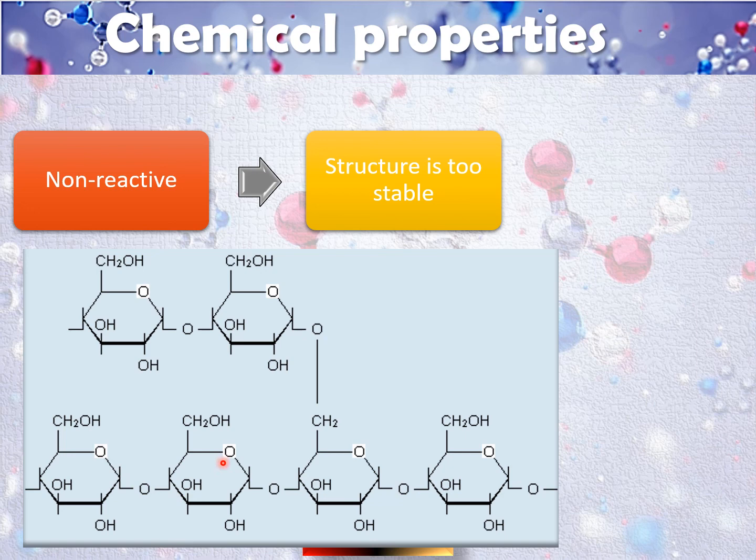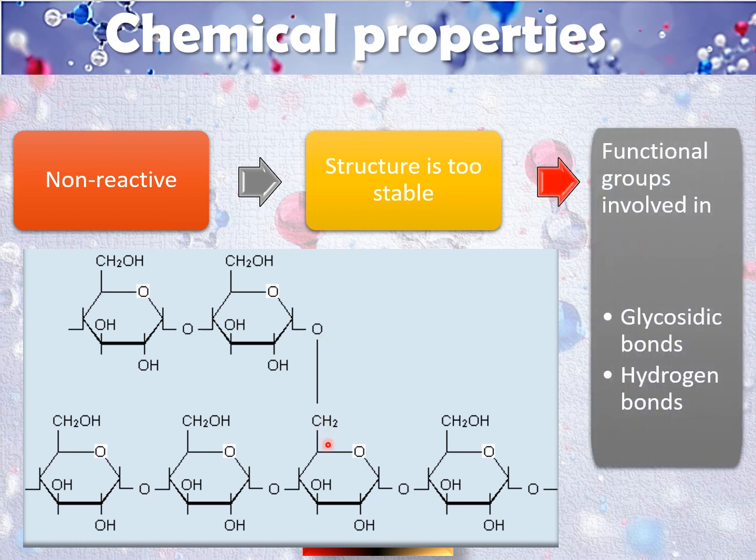But you are aware that the oxygens here are actually forming glycosidic bonds, alpha 1,4 and over here alpha 1,6. So that is the reason why polysaccharides that are polar are still non-reactive, because the functional groups are either forming glycosidic bonds or, like here, these free hydroxyl groups will be forming hydrogen bonds to stabilize the molecule.